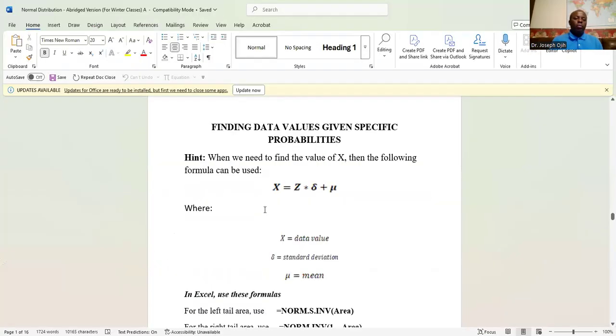When we want to find X, which represents specific data values, when we're given a probability, we use this formula on the screen, which is X equals Z times sigma, the standard deviation, plus the mean.